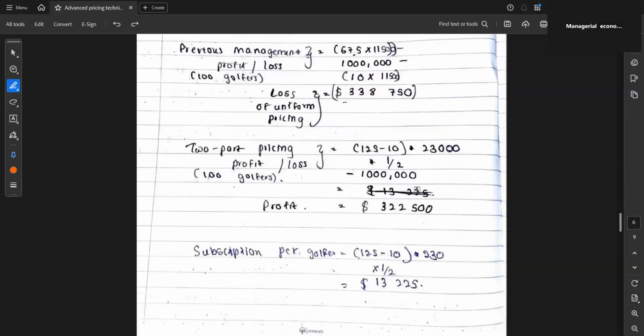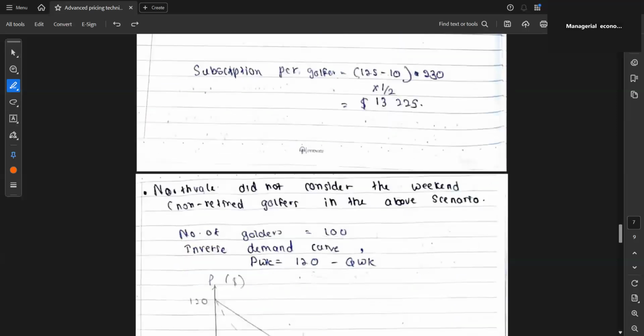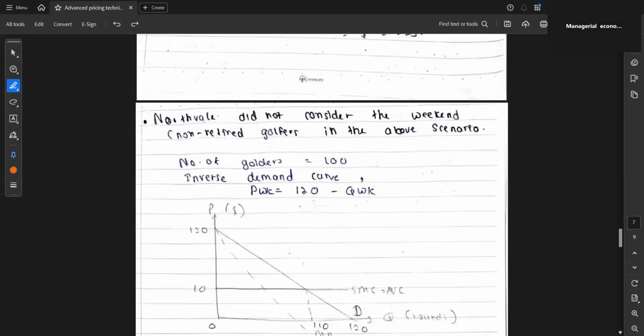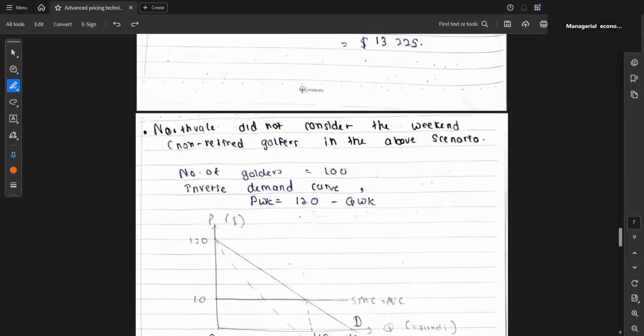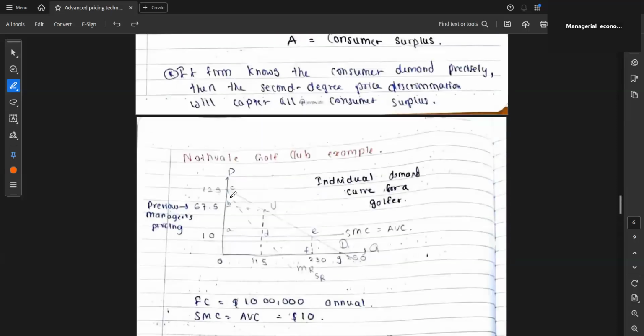This is the profit and the losses calculated for the entire golf club. So there are 100 golfers. You have to take the quantity multiplied by 100. So here the profit has been calculated by taking this entire part.